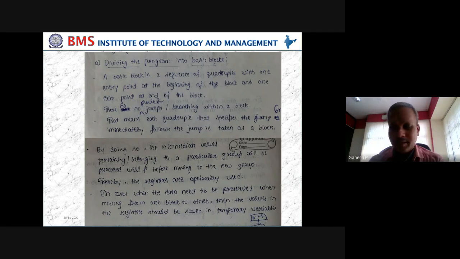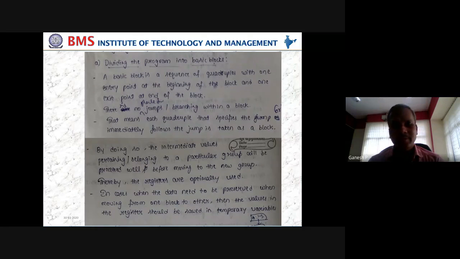First, the block should have an entry point and an exit point. Second, the block should not have any looping or branching statements within it. So a block will have a completely independent set of instructions, maybe interdependent, but not very far away from the block.